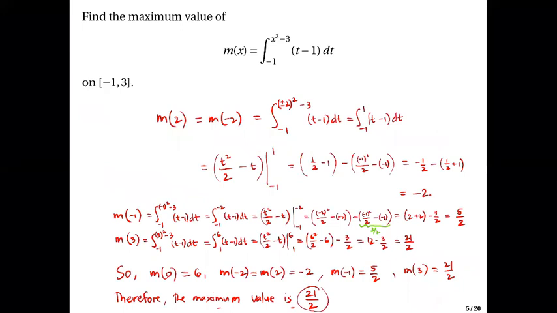Those are good questions, by the way. All right. So in the last two examples, we considered the fundamental theorem of calculus. Anyway, let's move to our next problem.